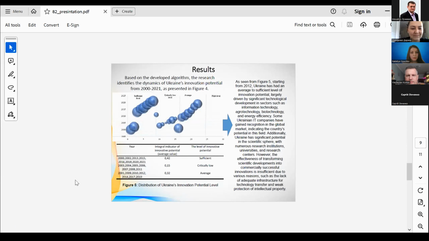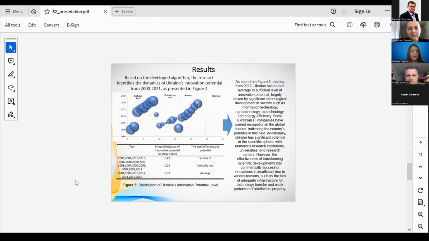Yes, Viacheslav, thank you for your question. I will help to answer it. Regarding the features which have been taken into account, first of all, our goal was to create a methodology to analyze the innovation potential of Ukraine. So we divided it into several steps. First of all, we identify the key parameters which could be used for analyzing the innovation potential.